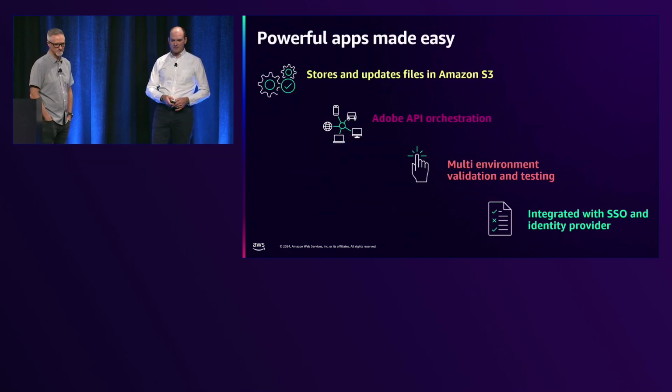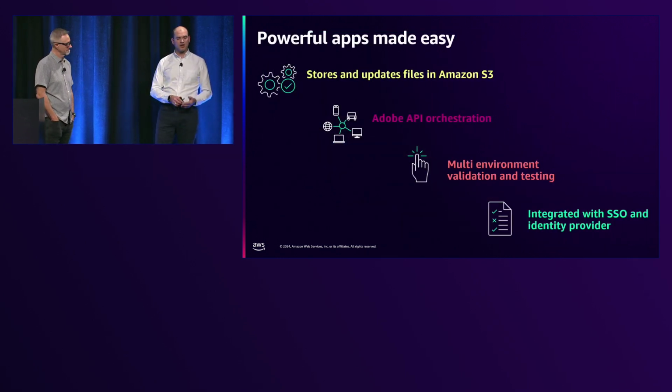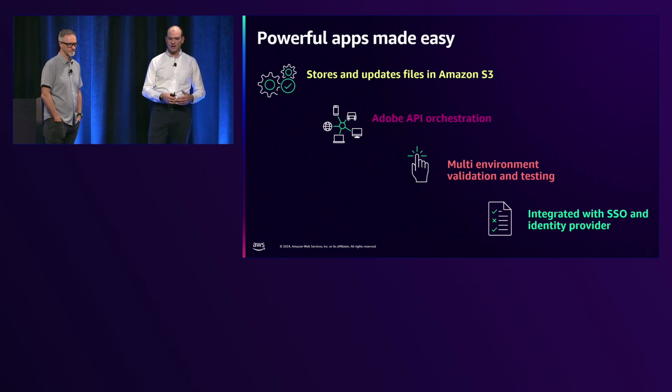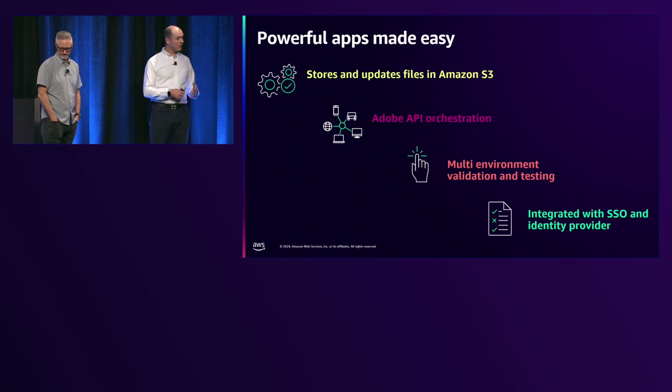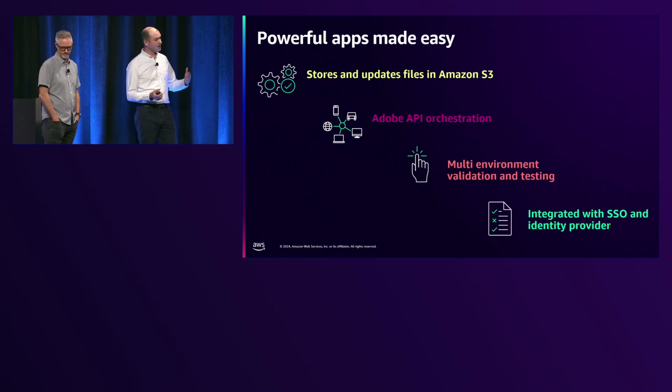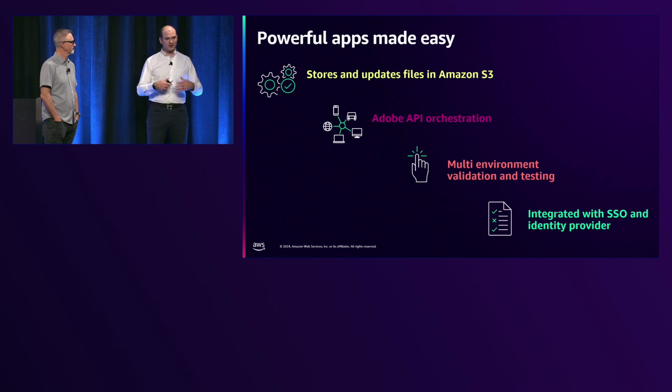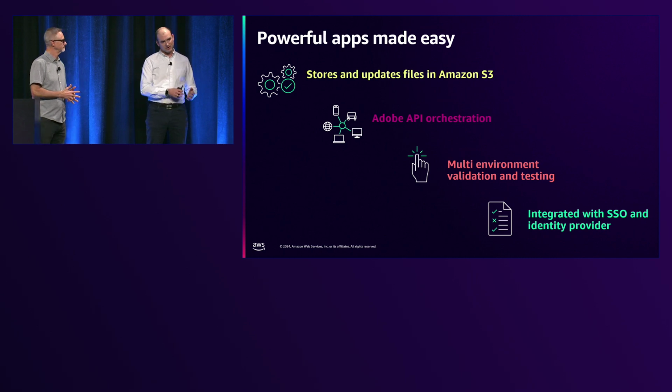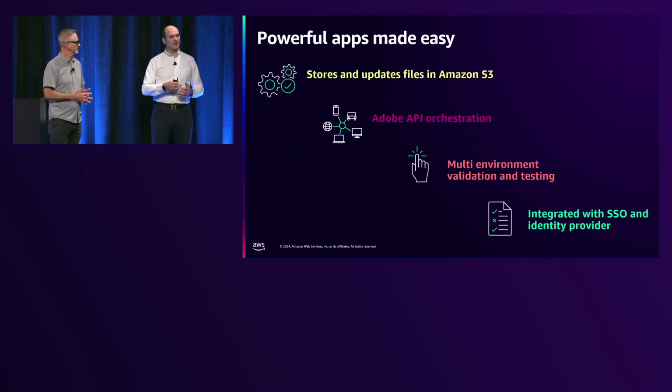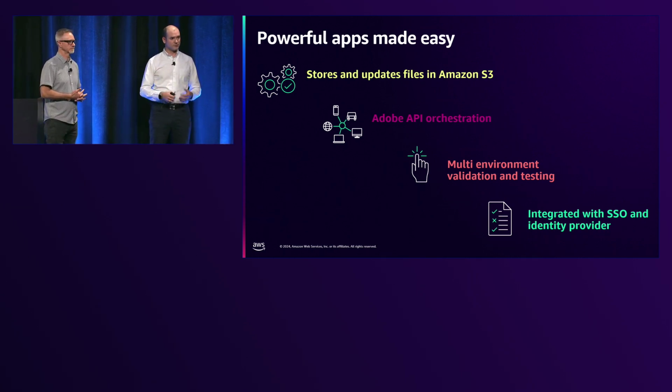So let's summarize a little bit what Sean went through. From accessing AWS services like S3 in his account, to orchestrating APIs between Adobe and PhotoShelter, he was able to do all of this in a single builder interface that allowed him to connect securely to those services, test his changes in a testing environment, perform those changes in a development environment, push them to testing, and then promote the result to production.